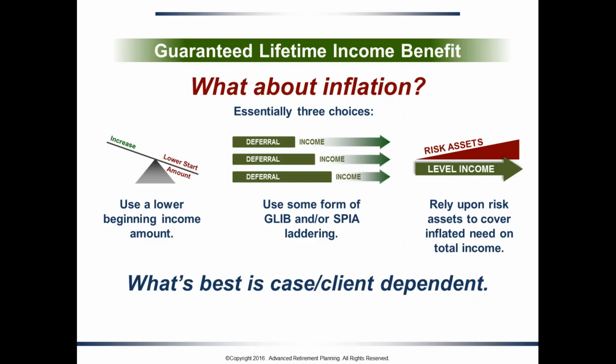I know it's never going to increase, and I'm going to manage their securities, their risk assets in the market to try to get enough growth on those so that the withdrawals that I'm making out of those risk assets when they're retired are high enough to give an inflation increase on the total amount of income that they're getting. So what's best, it depends on the case and the client and the plan that you're putting together. So that's how inflation is largely covered.